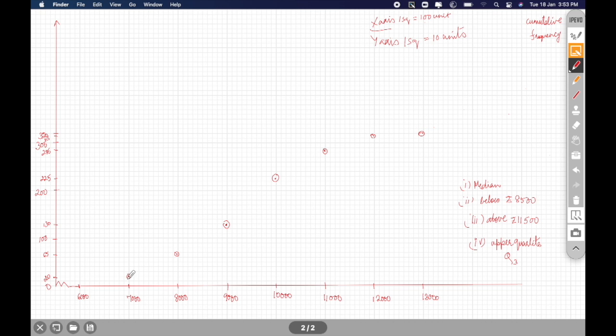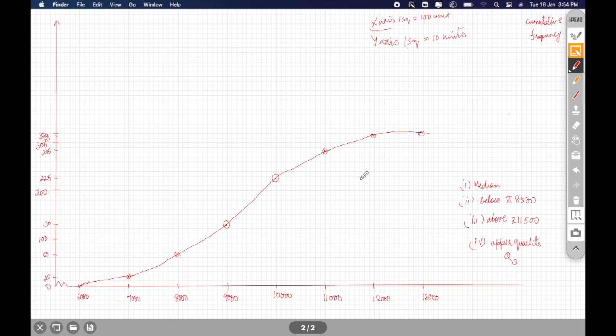Now we have to join all these points freehand with a sharp pencil. So you can see the curve is rising. Okay, and this first point should be joined with the first lower class limit.